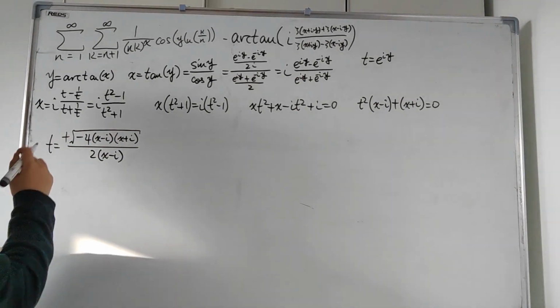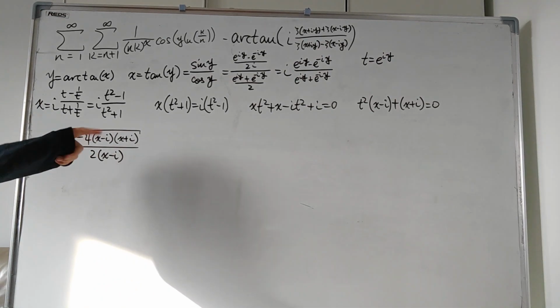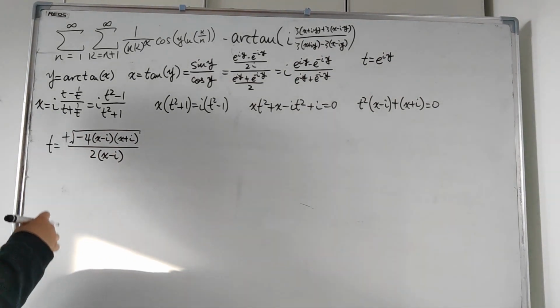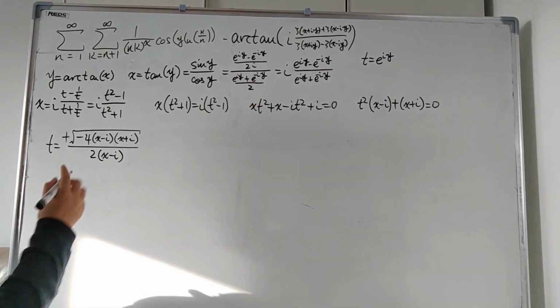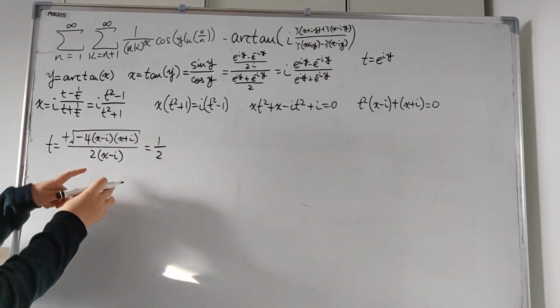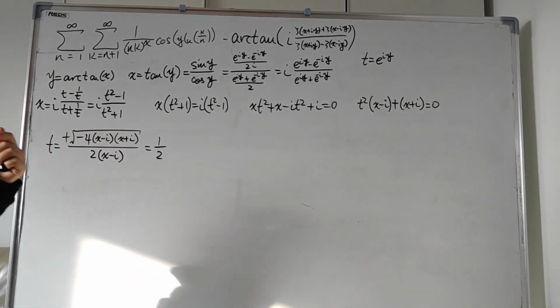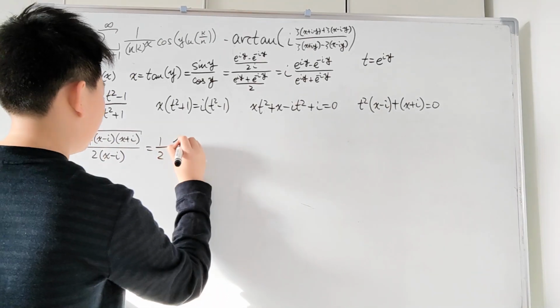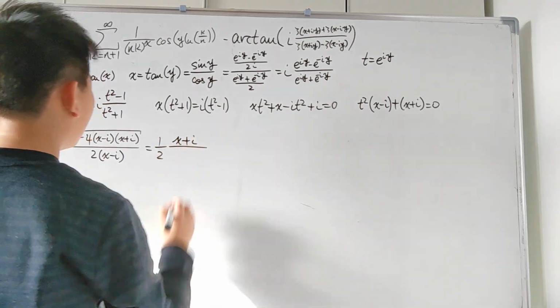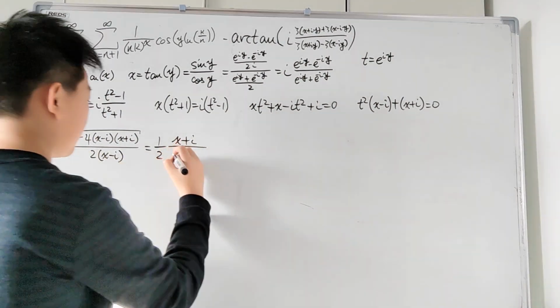What we're going to do next is a little bit of simplification. Once again, we have the difference of squares and the radical. But more importantly, 1 over 2. And then for this 1 over x minus i, we're going to multiply by its conjugate, which is x plus i, over a difference of squares, so we have x squared minus i squared.